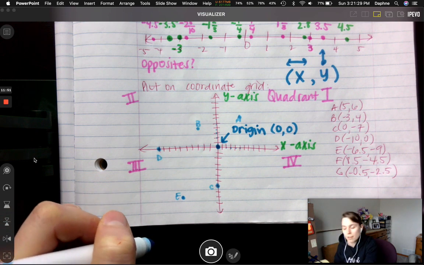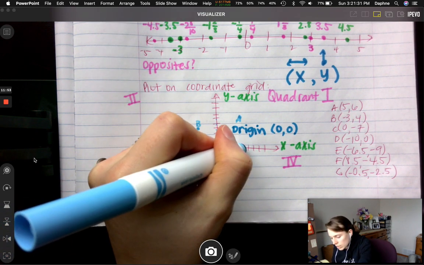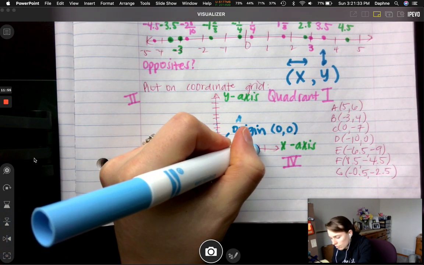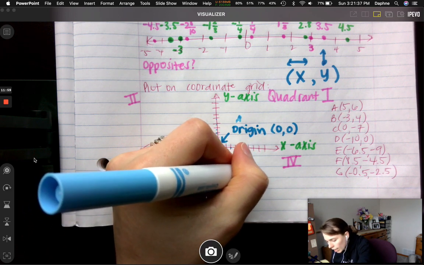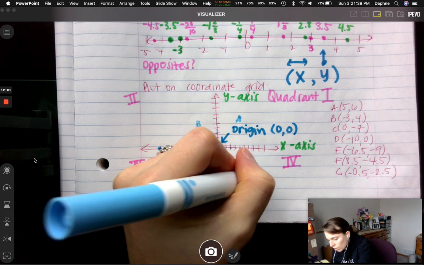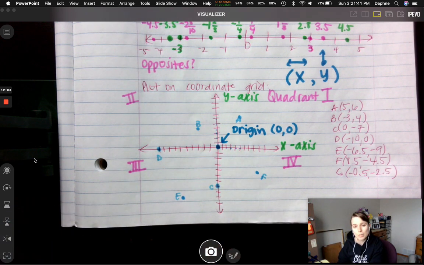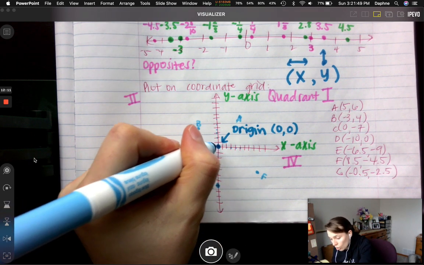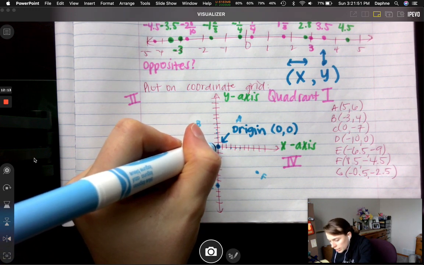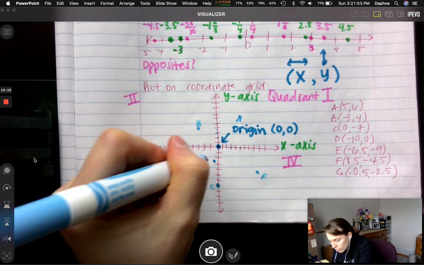Then for F, I'm going to go right 3, 6, 7, 8 and a half, and go down 1, 2, 3, 4 and a half. Notice these are just estimates because we're not actually on graph paper. So I know it's going to be kind of estimating. Okay. G, I'm going down a half, or no, left a half, and going down 1, 2 and a half.